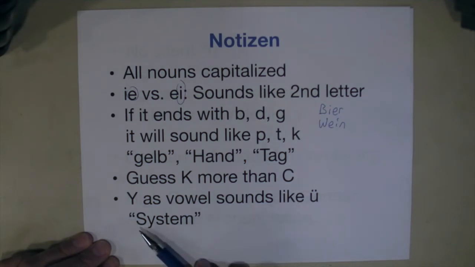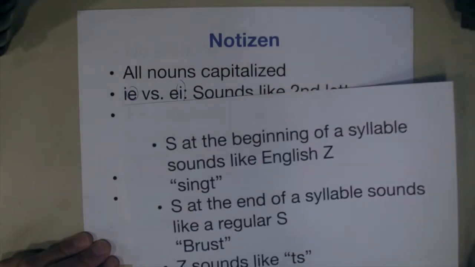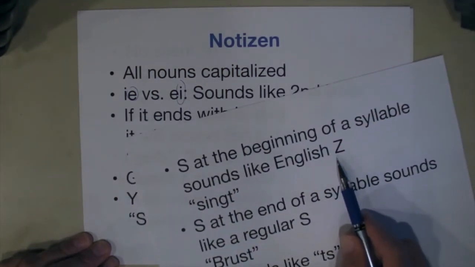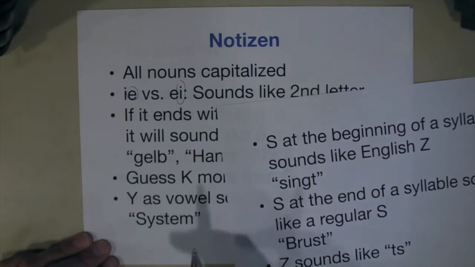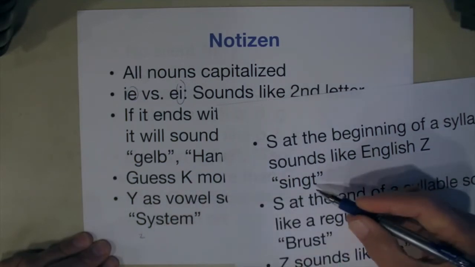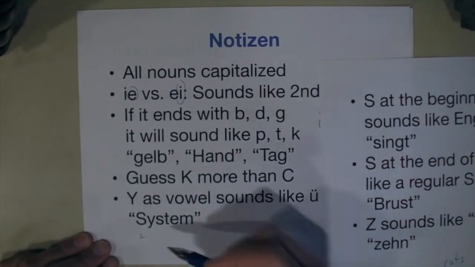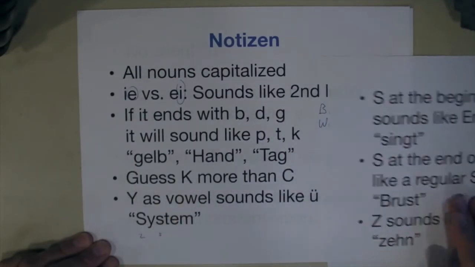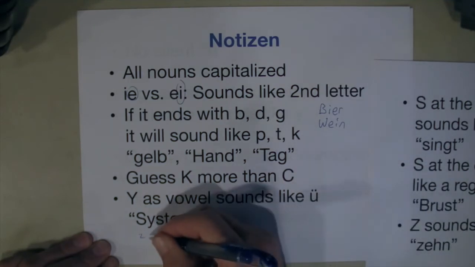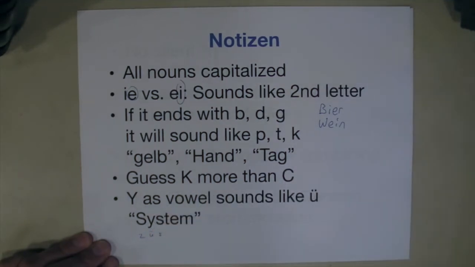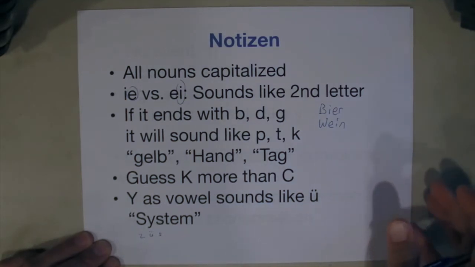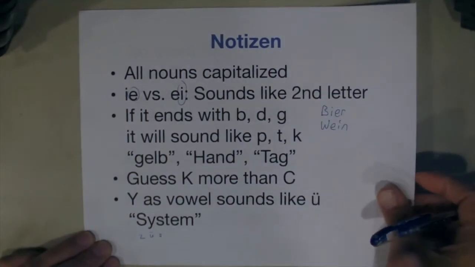Remember what I said about the S. The S at the beginning of a syllable sounds like a Z, so this one's going to sound like a Z, but the one that ends at the end of a syllable will sound like a regular S. And as we said, this Y is going to sound like a U umlaut. So this is pronounced System. It does mean system, just like you think.